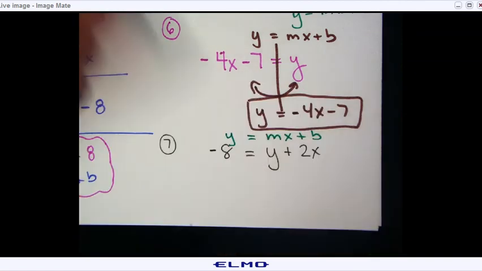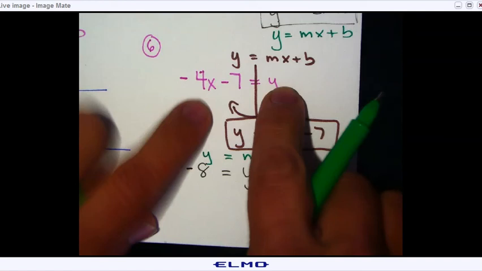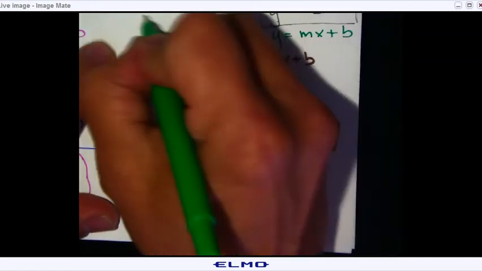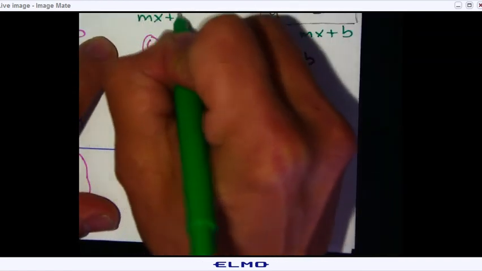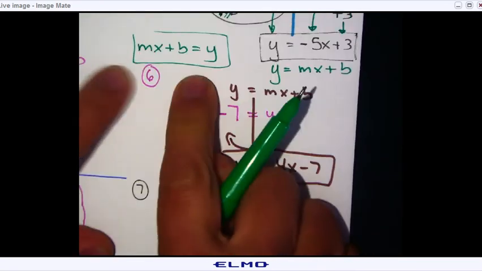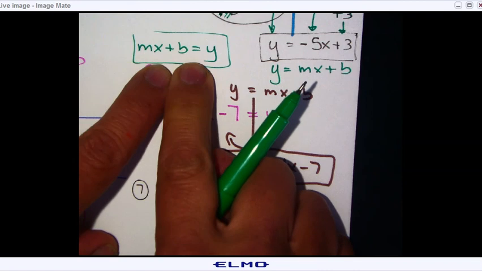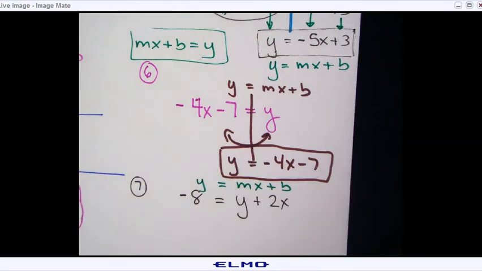It's okay. But if you want to flip them, that's okay too. What makes it easier? It could be like mx plus b equals y. That's fine. There's no harm with that. And if you flip them, it's the same thing.